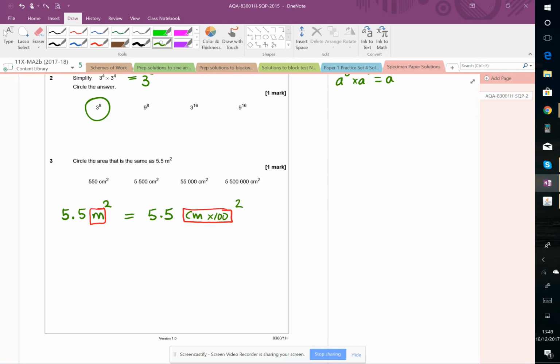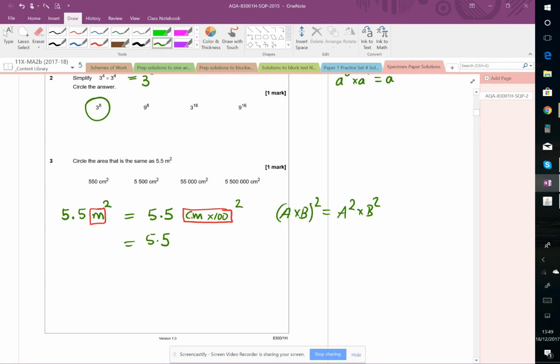Now if we do that, we must remember that when we've got two things multiplied together and we square them, we must square each one. A little bit like saying a times b all squared is the same as a squared times b squared. So we're doing that trick here.